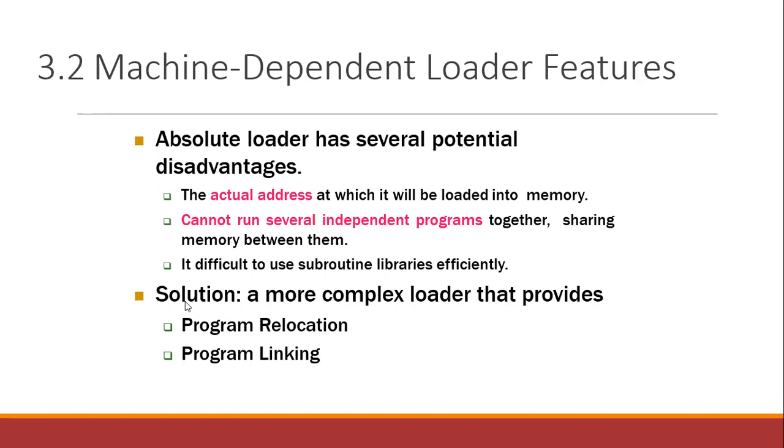This is not suitable for modern computers like SIC/XE, where multitasking and resource sharing are done. It is very difficult for programmers to specify the program memory. So the efficient approach is to design a complex loader, a dynamic loader, which performs program relocation and program linking.